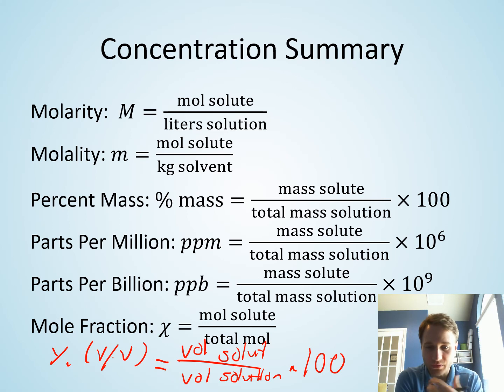Their name tells you a lot about what ratio you want. Each one of these is a ratio, and it just depends on what's in the numerator and what's in the denominator. The numerator is either moles or mass of your solute, and the denominator can be mass, moles, or volume of your solution or solvent.